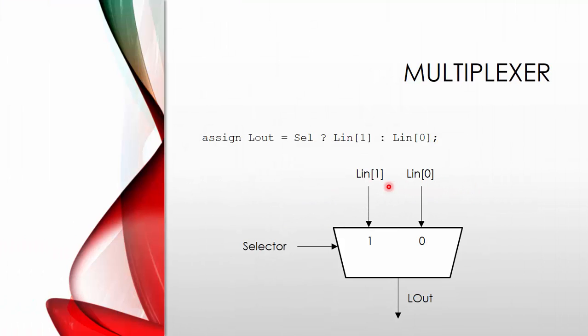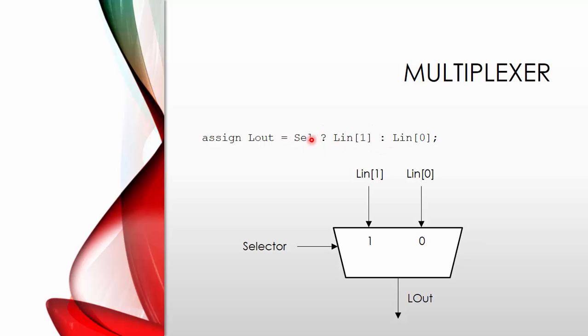There is a special case where the multiplexer is only taking 2 inputs going to 1 output. The selector is obviously 1 bit or 1 line selector. If that is so, this is how we draw it, and the code for it is assignment to the output using conditional operator.